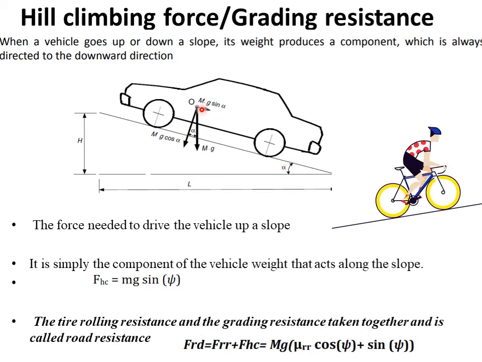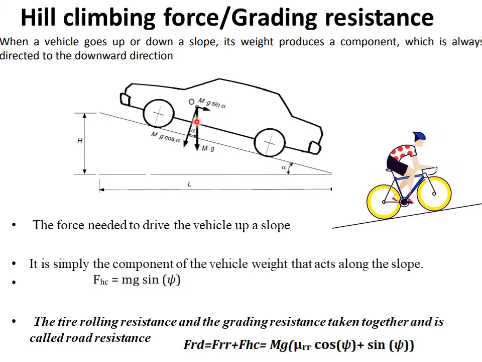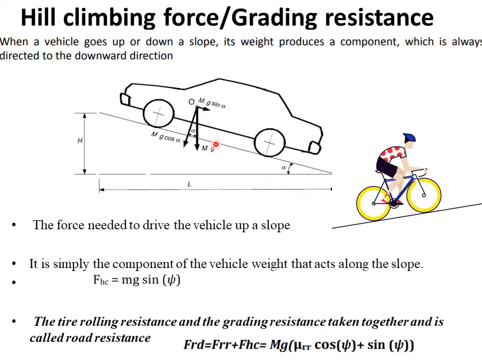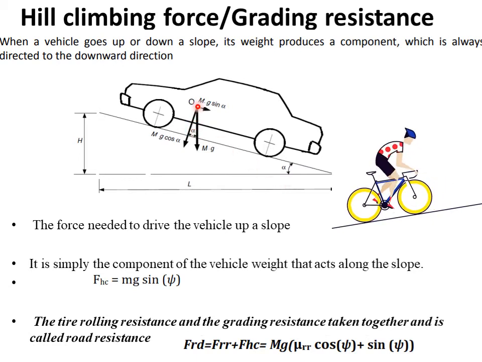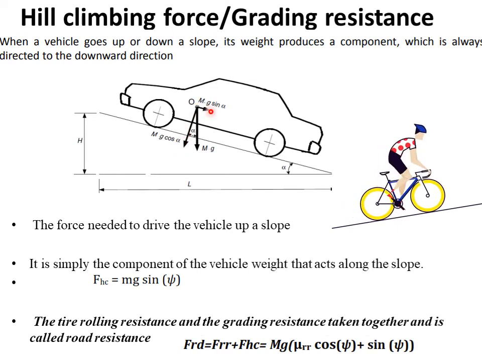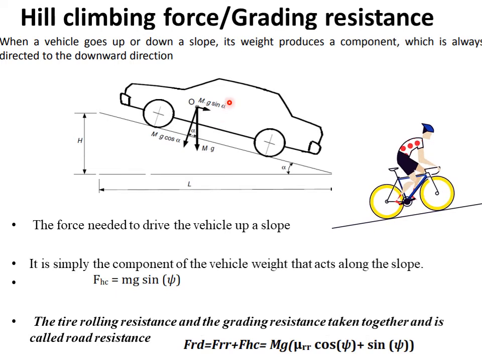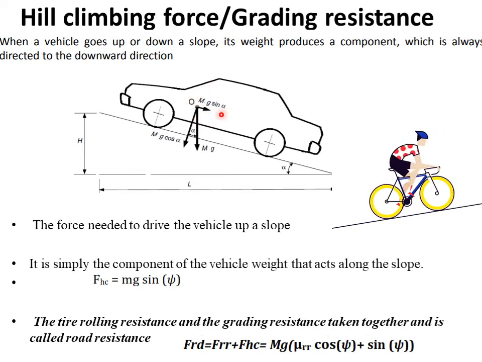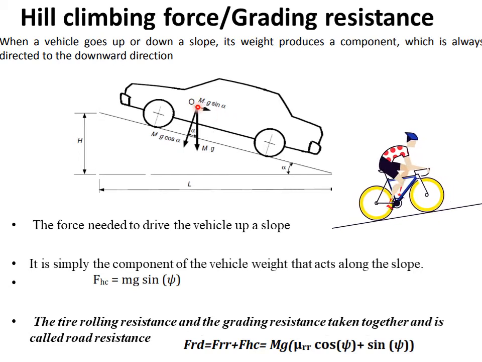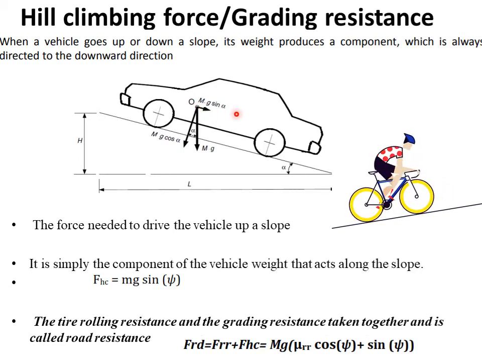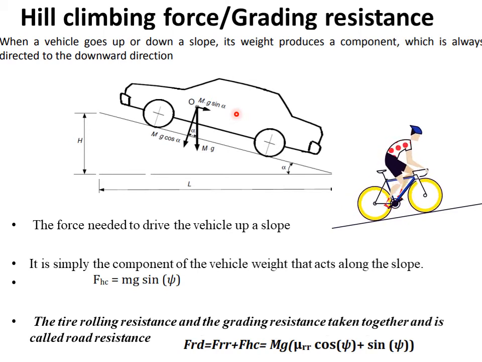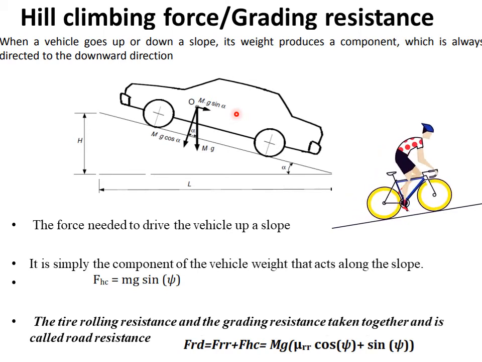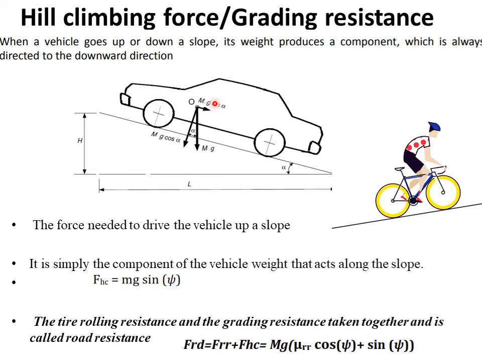I can resolve the weight mg into mg cos alpha and mg sin alpha. And you can see that the mg sin alpha component of the weight acts in this particular direction. That means this component of weight produces a force opposite to the direction of motion of the vehicle.